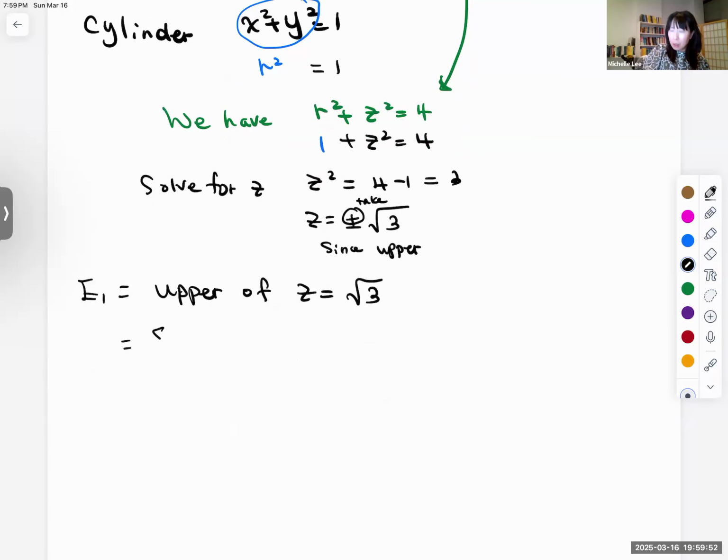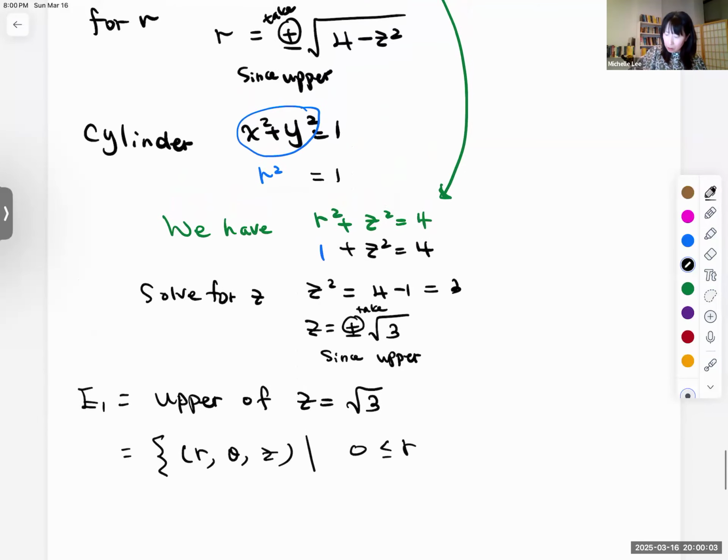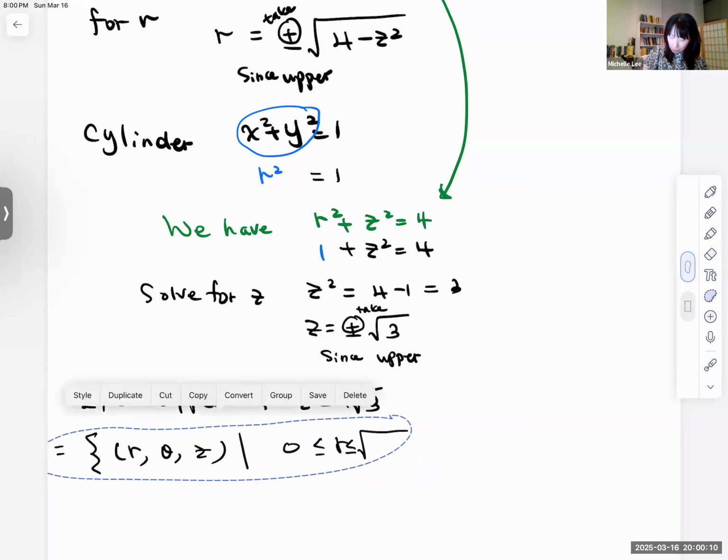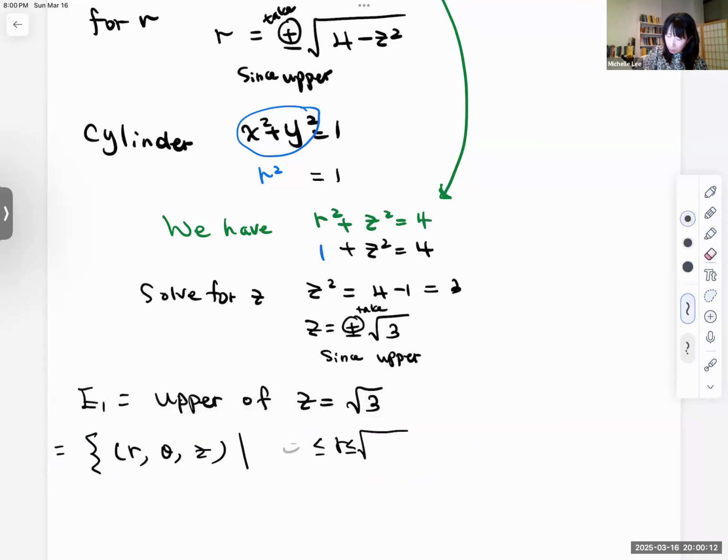That will be r, theta, z such that r is between 0 and square root of 4 minus z squared.